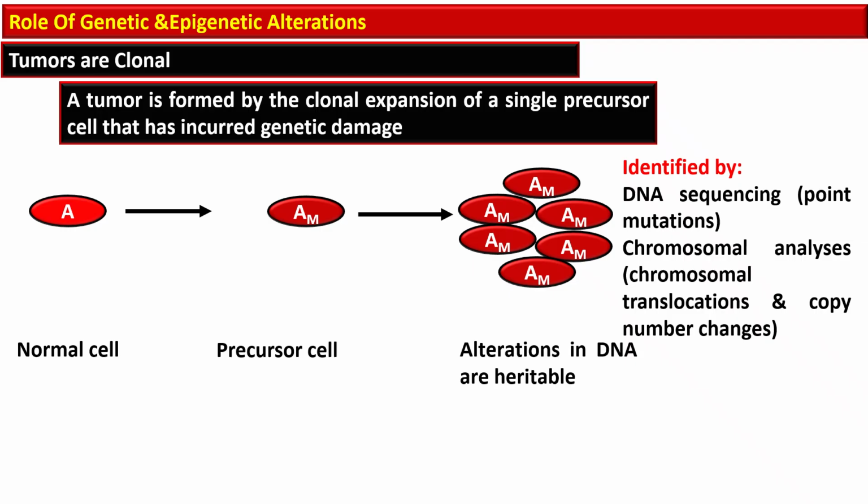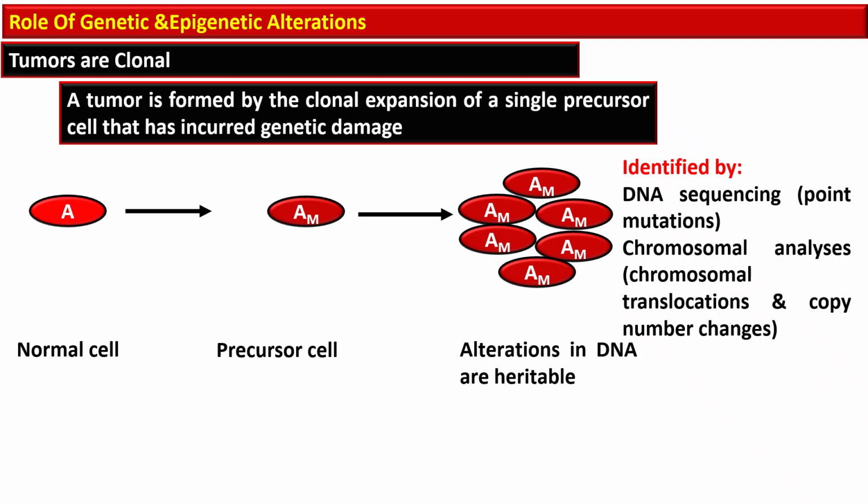There may be point mutations that are recognized by single nucleotide changes. Small insertions or deletions can also be identified by DNA sequencing. Then chromosomal analysis is also used for the identification of these changes.